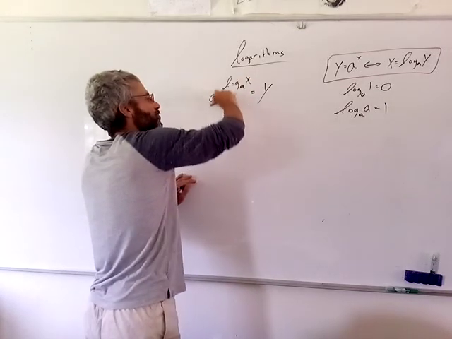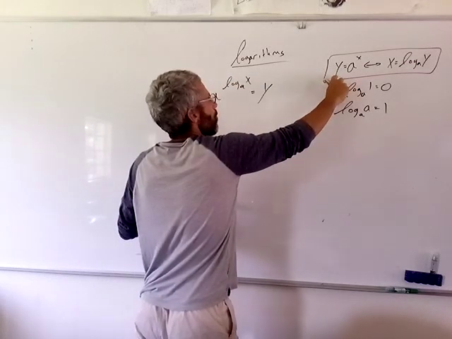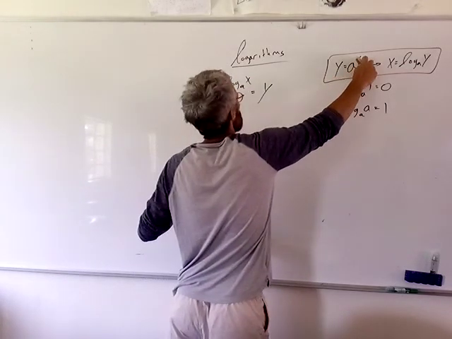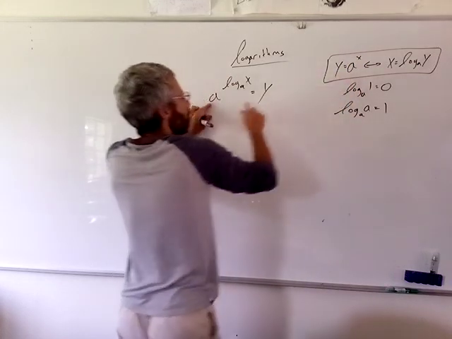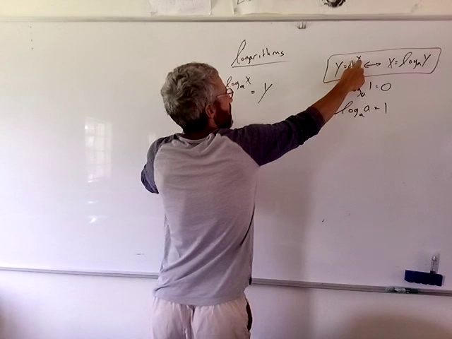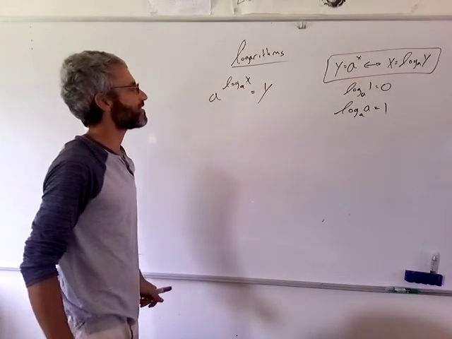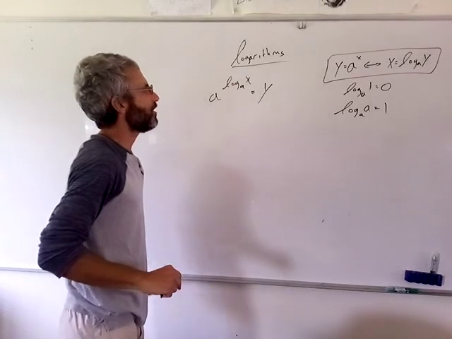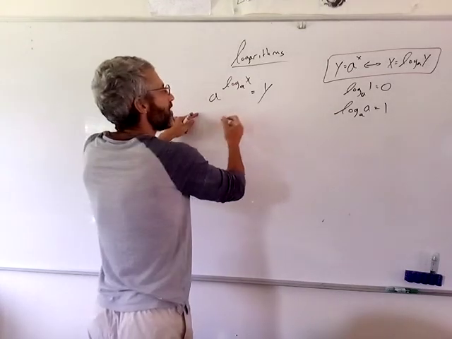So a to the power of something equals y. The only difference between these two equations is that the x now is log x base a.